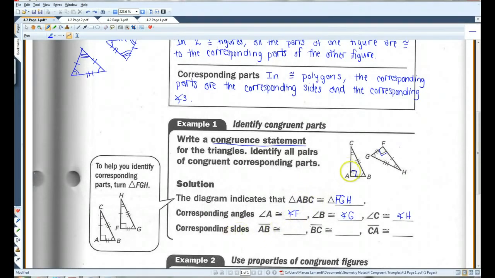Okay, corresponding sides, AB, it has two dashes, so it corresponds with FG. BC has three dashes, so it corresponds with GH. And CA corresponds with HF.